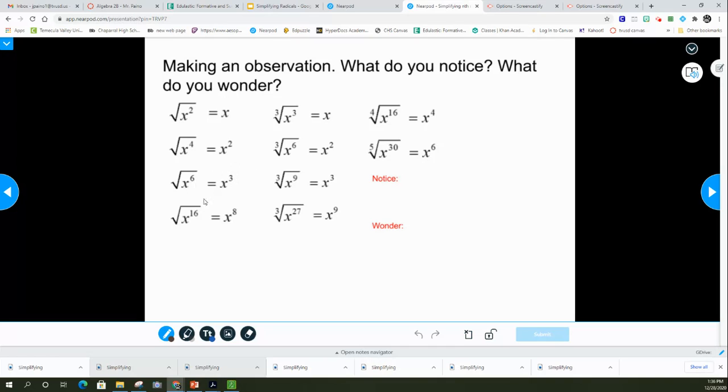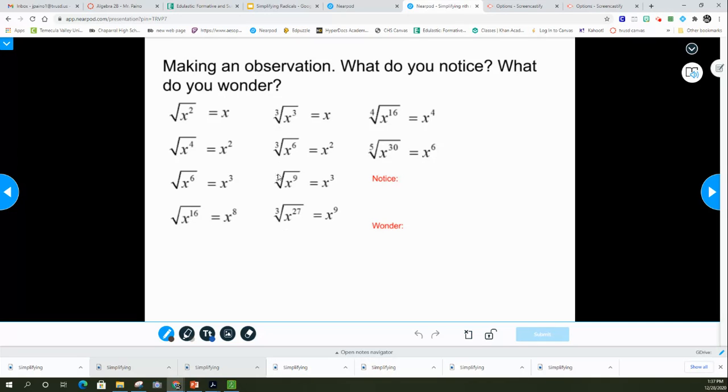You add exponents when you're multiplying. So for all these square roots right here, I'm noticing that the answer is just half of that original exponent. X to the 16th, 16 divided by 2 is 8, because if I multiplied x to the 8th times x to the 8th, I would get x to the 16th.